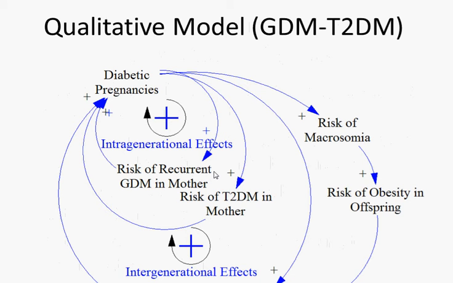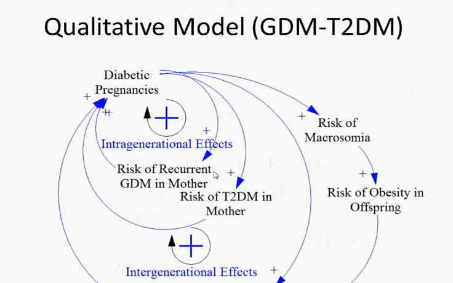And we drew out a causal loop diagram within the first month or so, I think, associated with his hypothesis, one of his main hypotheses about causal pathways of relevance between gestational diabetes on the one hand and type 2 diabetes on the other.